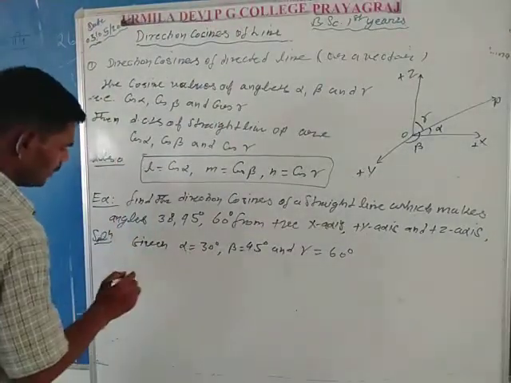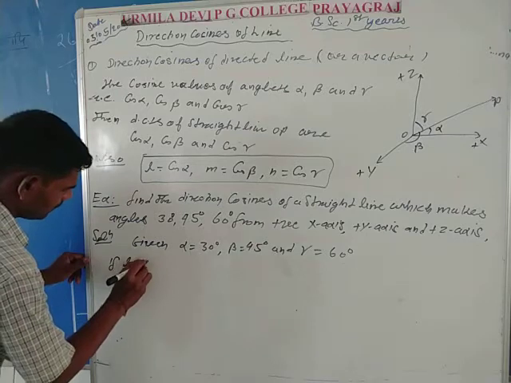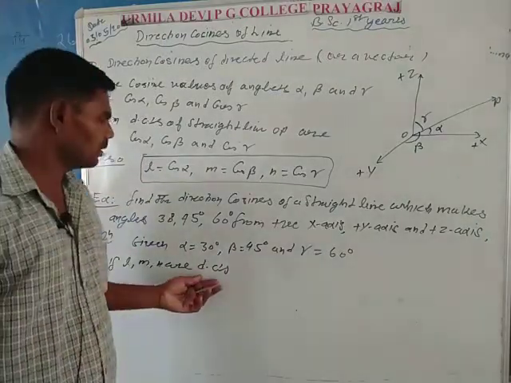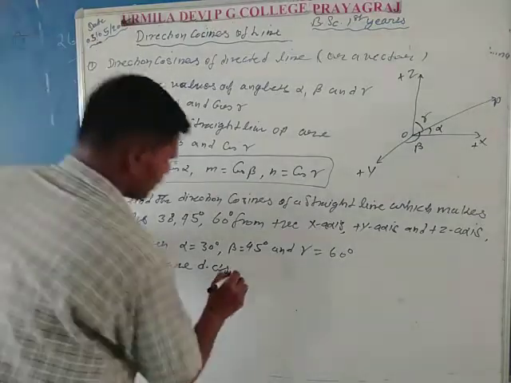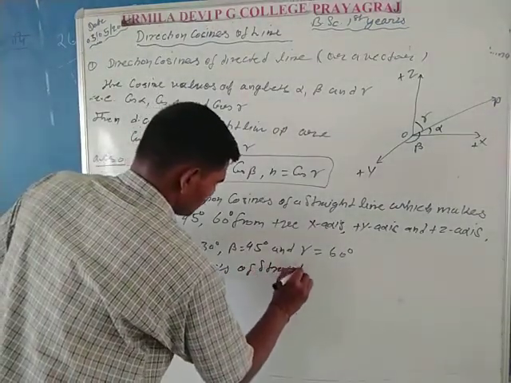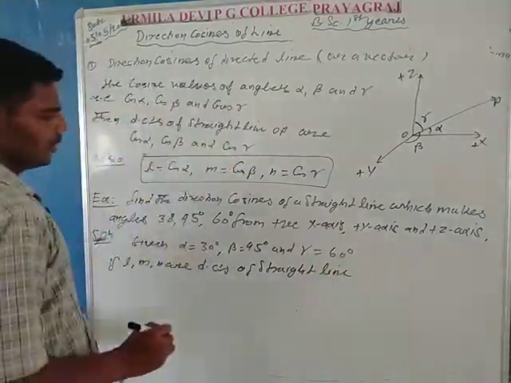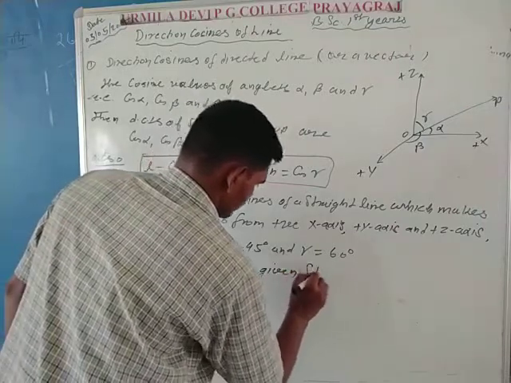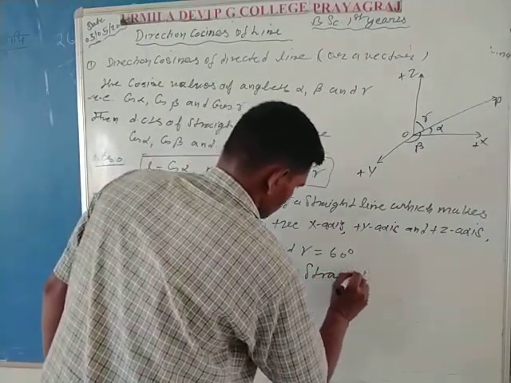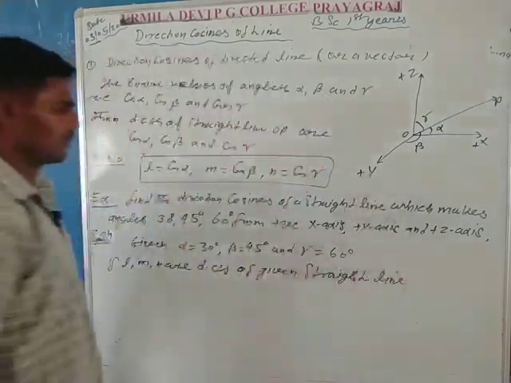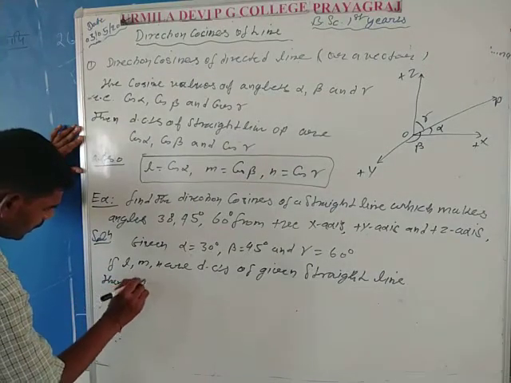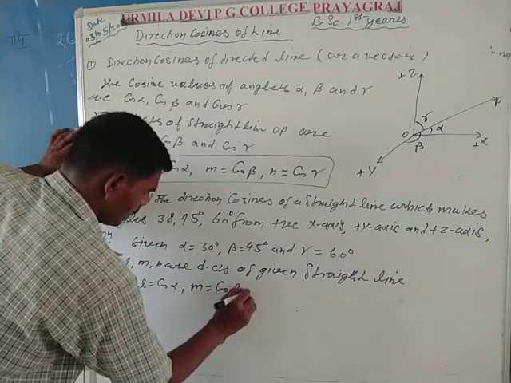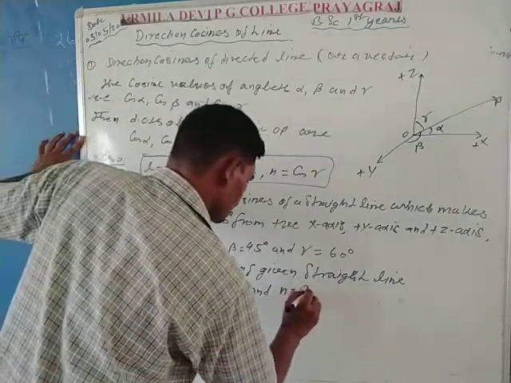So from the formula, if L, M, N are the direction cosines of the given straight line, then L is equal to cos alpha, M is equal to cos beta, and N is equal to cos gamma.